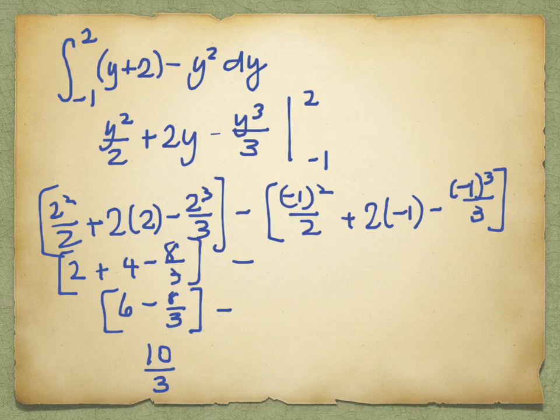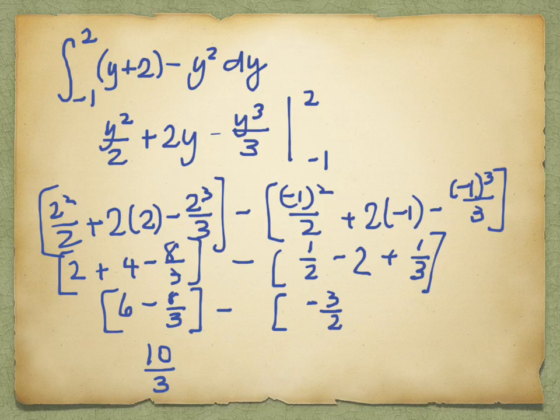How about the next part? Yep, I'd have 1/2 minus 2 and then plus 1/3. So this would be -3/2 plus 1/3, which becomes what?